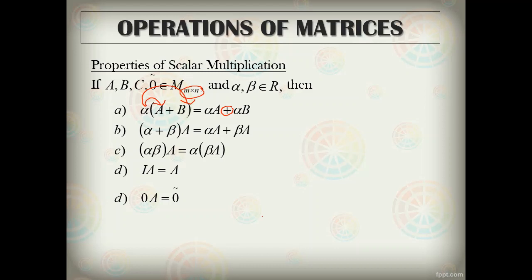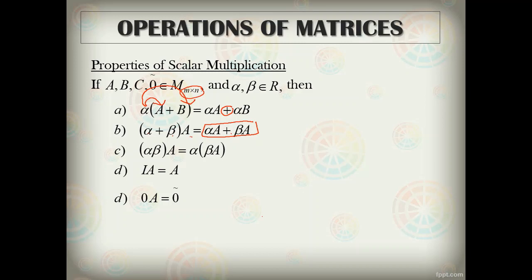Same goes to this. You have addition of two scalars, scalar alpha and scalar beta. That is equal to performing this operation: scalar alpha multiplied to matrix A plus scalar beta multiplied with your matrix A.